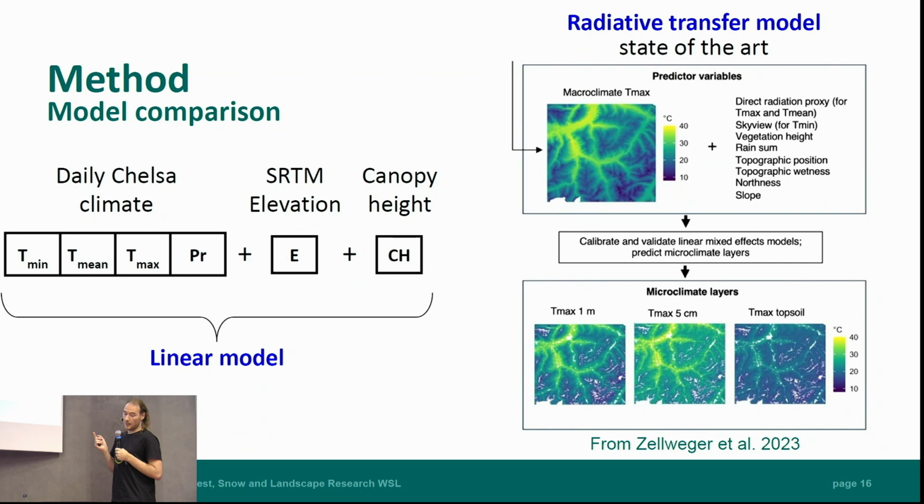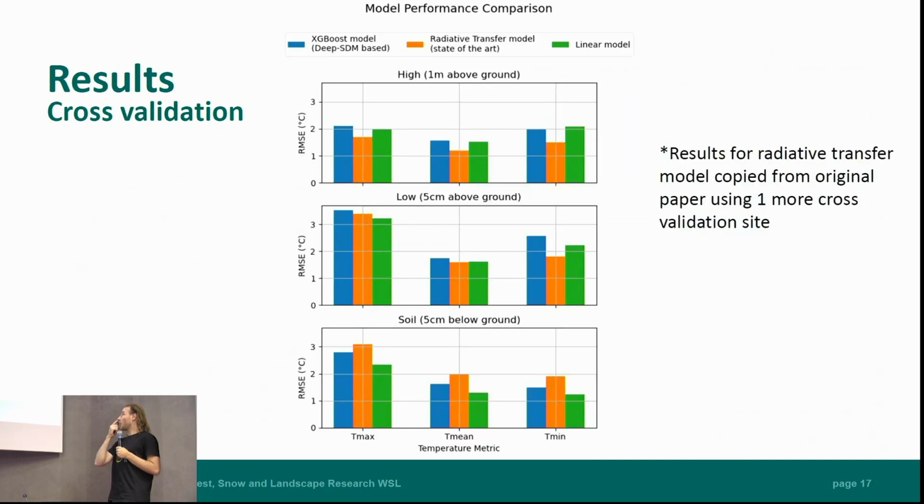We can try multiple things, but in fact the metrics we were trying to predict are quite close to a linear correlation with these input variables, so we can simply make a linear model over these variables. And so here are the results. For the radiative transfer model, the results are copied from the paper, and there is a slight difference in the evaluation, so we can look at the range.